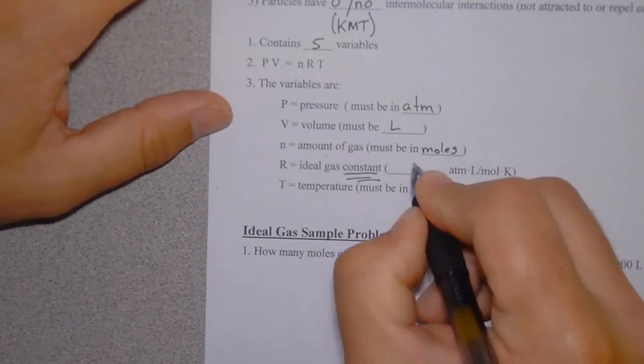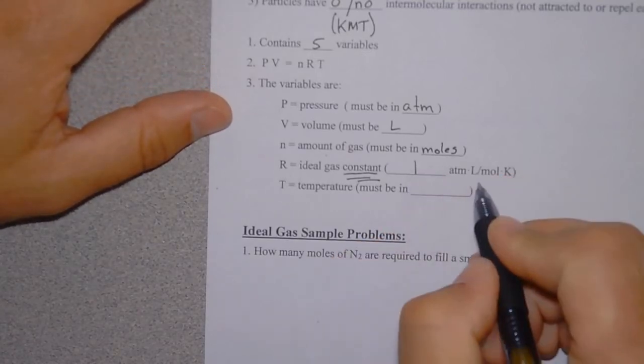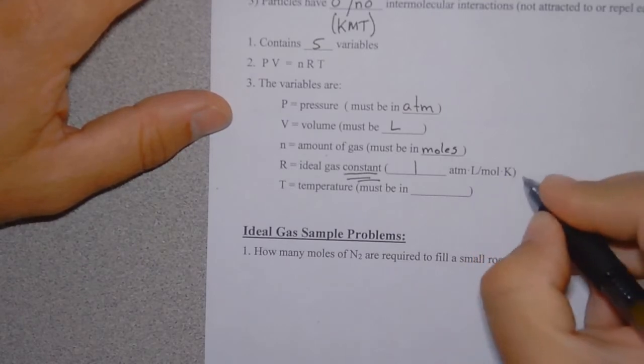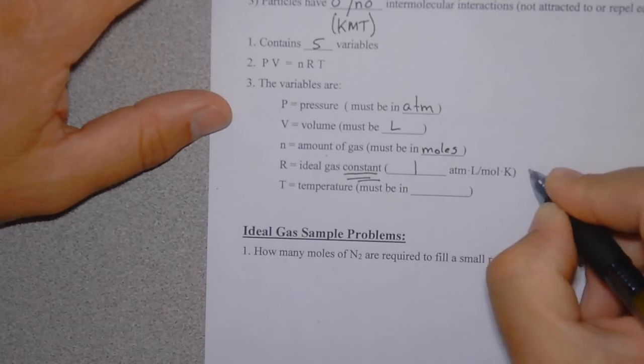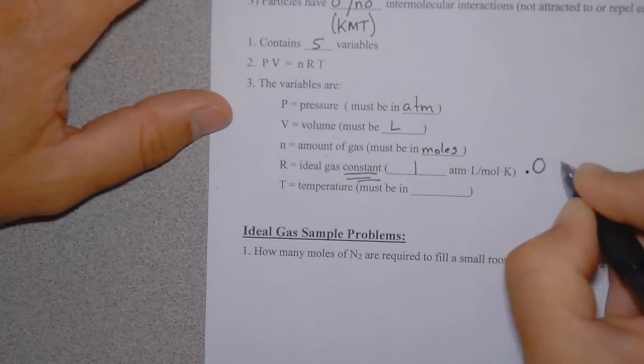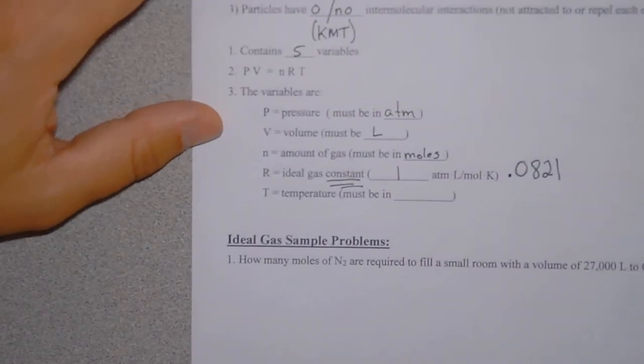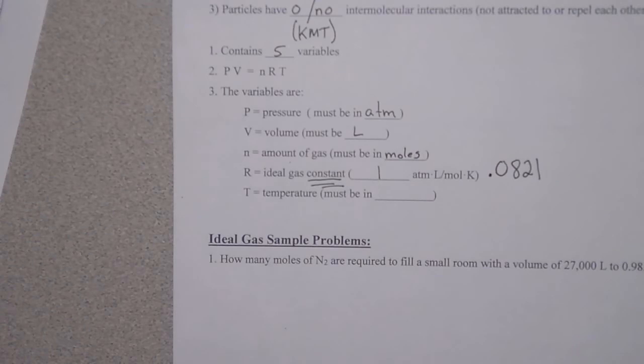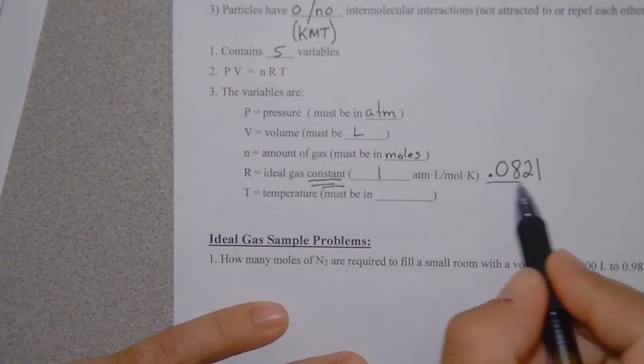So this constant, in atm times liters per moles times Kelvin, is 0.0821. That number isn't just some made-up number. It's actually calculated using some other gas laws, but don't worry where it comes from.